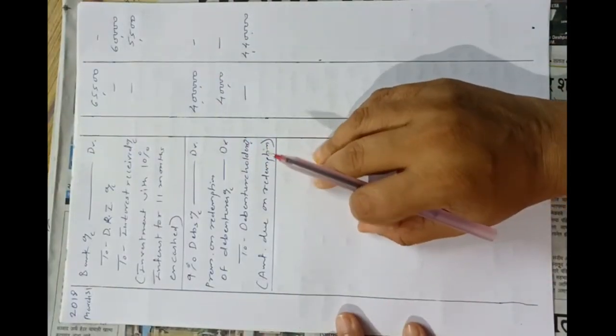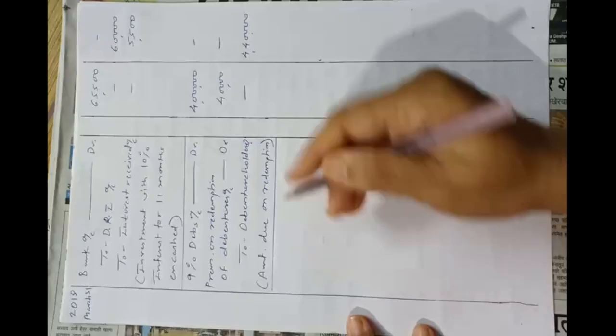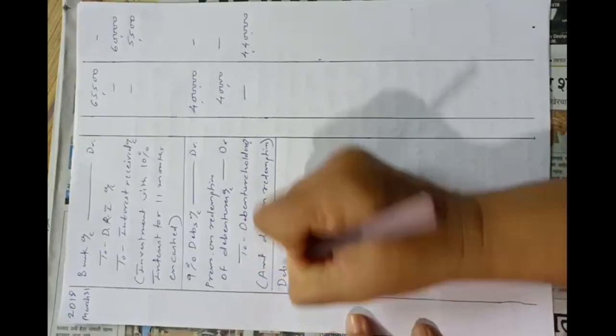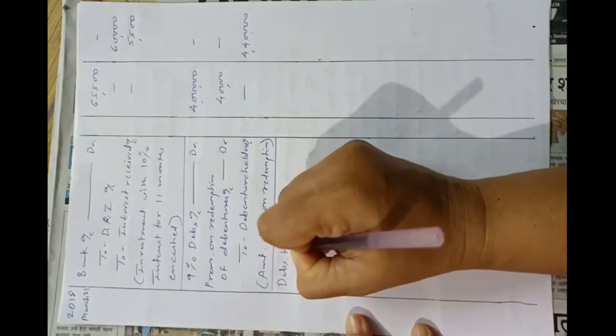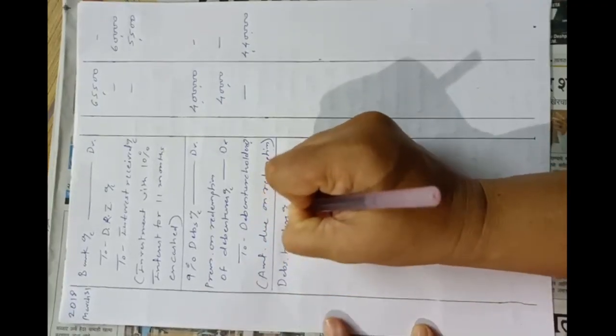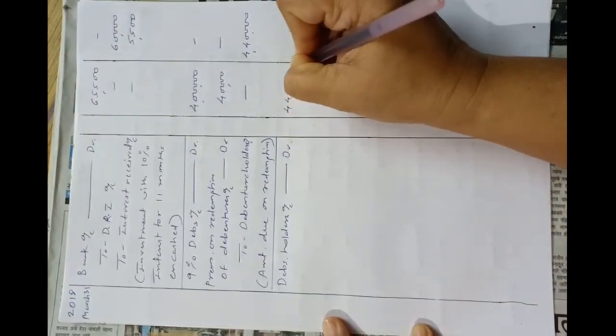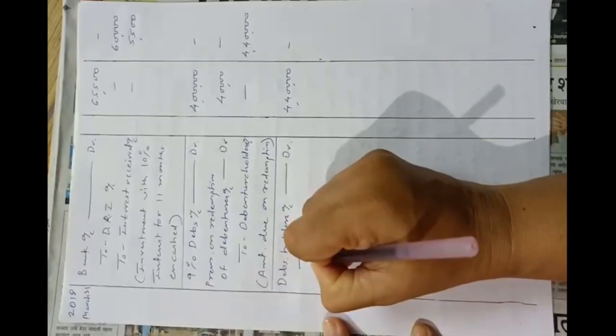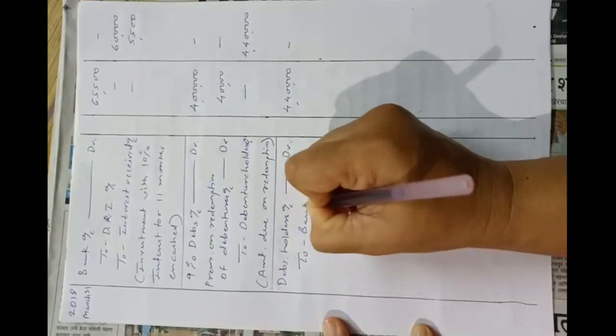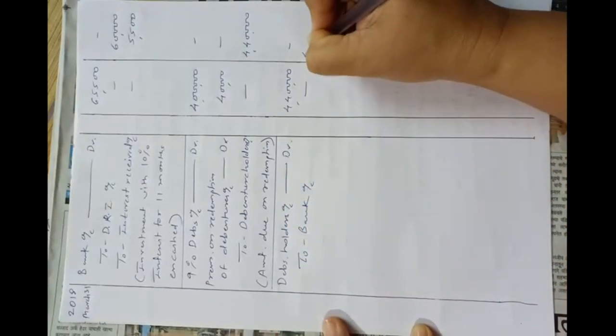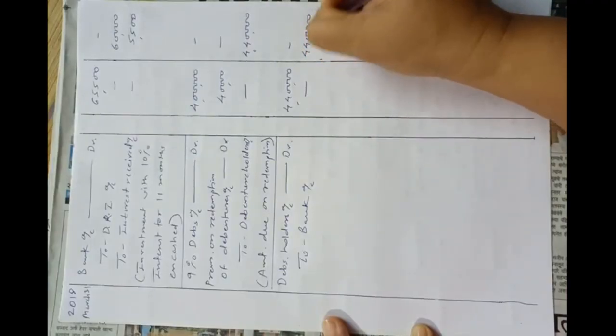Now payment of the amount on 31st March. So debenture holders account debit 4,40,000 to bank account 4,40,000.